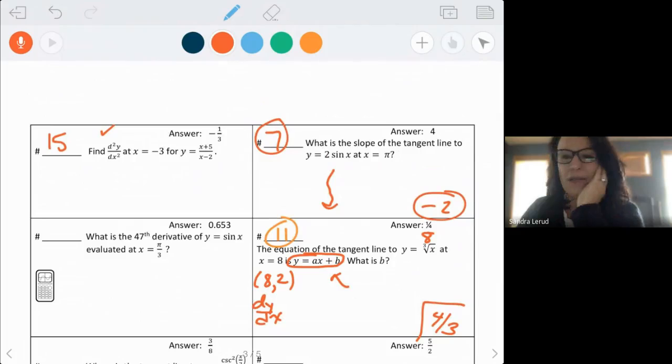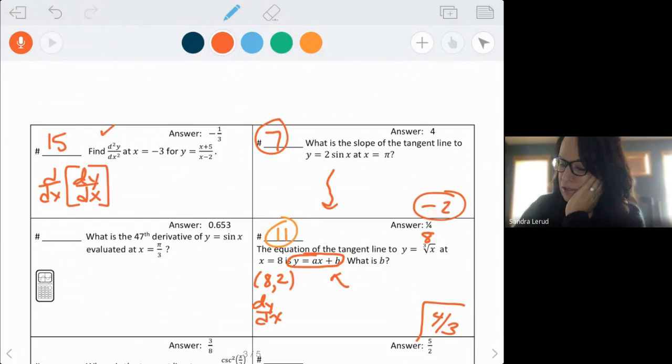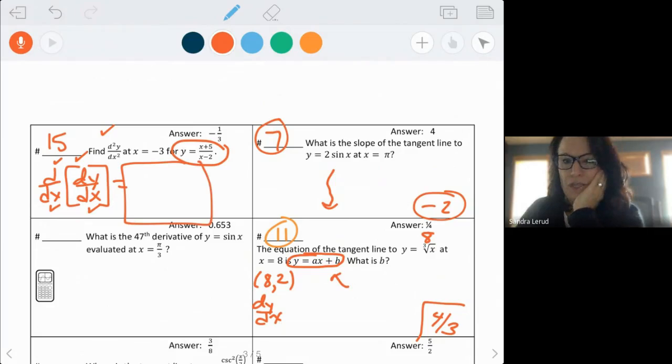Second derivative. By the way, I want to show you why that notation is as it is, because you're taking the derivative with respect to x of dy dx. So you can see that there's that d squared y over dx squared. Well, you have to take the first derivative of this guy. You'll use the quotient rule. And then you're going to have another quotient. Again, you're going to supply all that work, which you can either write as a power, because you're going to have a constant on the top. Let's pretend it's 11, which it's not.